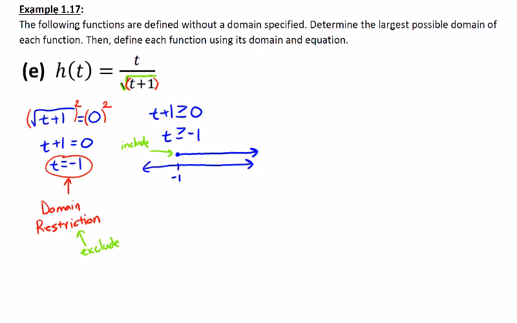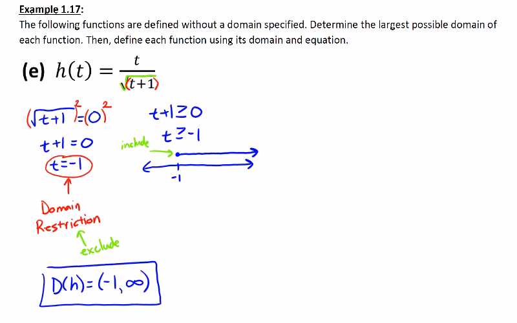So rather than writing this with a hard bracket, we'll write it with a soft bracket or a parenthesis. So the domain of h will be open at negative 1 to positive infinity, rather than having a hard bracket there. So there's your domain for h. It combines both the division and the square root concepts.